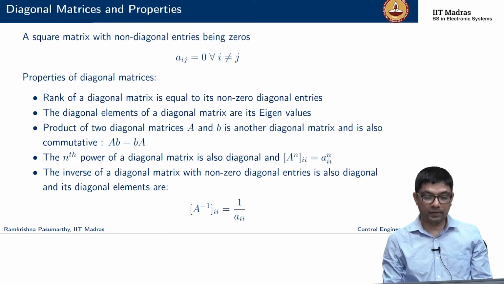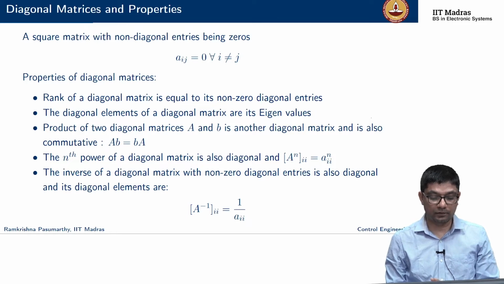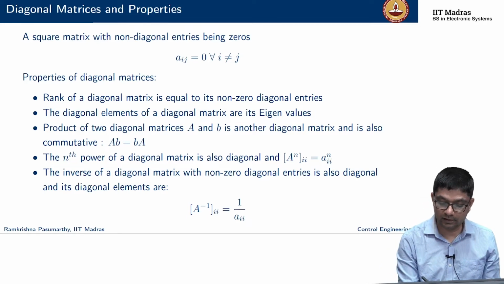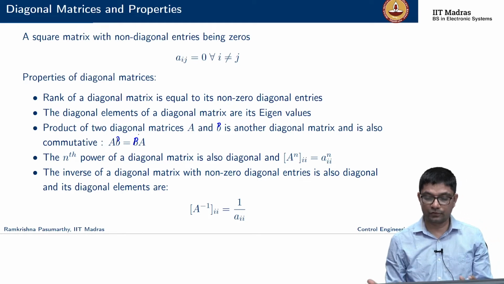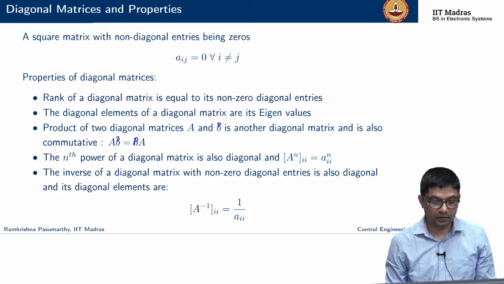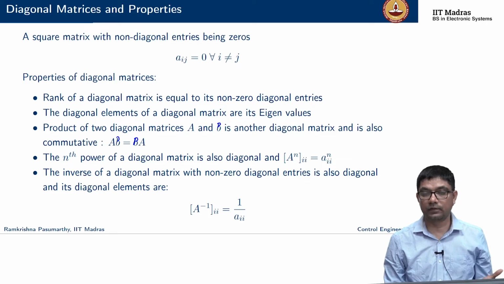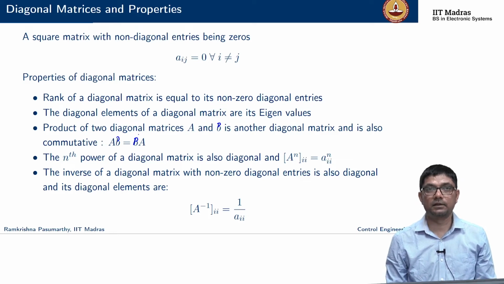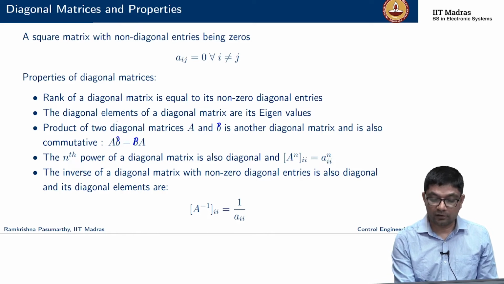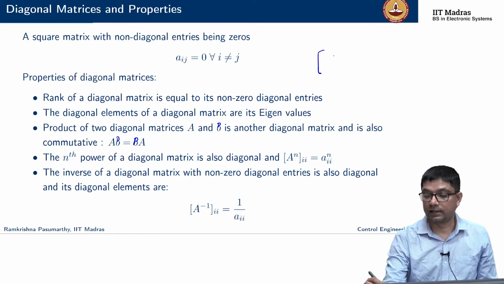Okay, so what are the properties of a diagonal matrix? I will quickly read these. This may not be very directly applicable, but some of these ideas will be useful to visualize what is happening. So the rank of a diagonal matrix is equal to its number of non-zero diagonal elements. The diagonal elements of a diagonal matrix are its eigenvalues.